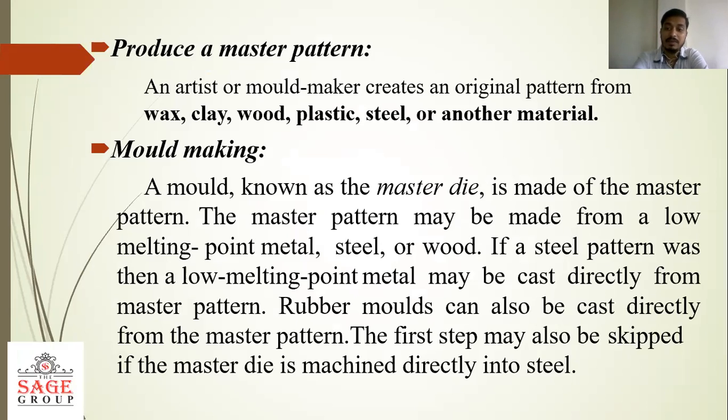The master pattern may be made from a lower melting point metal, steel, or wood. If the pattern is steel, then a lower melting point metal may be cast directly from the master pattern, and a rubber mold can also be cast directly from the master pattern. So the first step may also be skipped if the master die is machined directly into the steel, right?